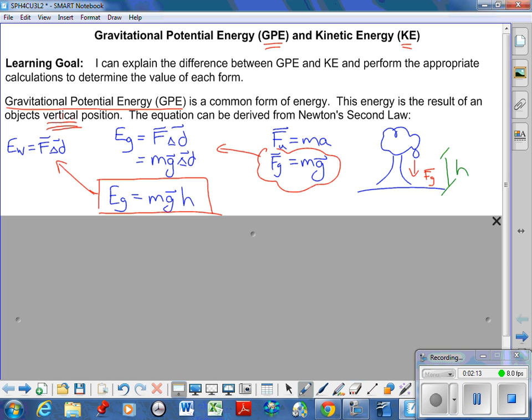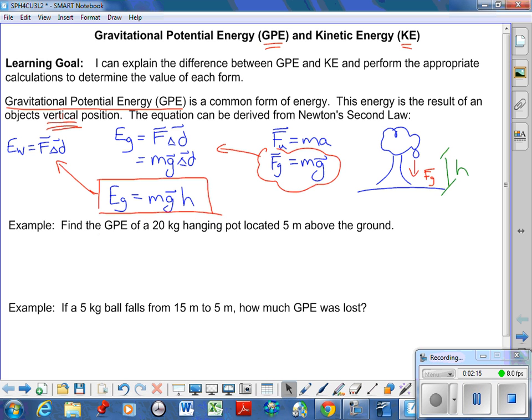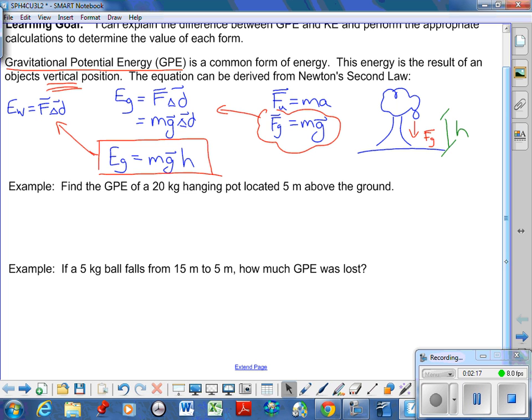All right. So let's quickly try it out. So find the gravitational potential energy of a 20 kilogram hanging pot located 5 meters above the ground. So if you're walking uptown and you see pots hanging off the street lights, how much energy do they have? Well, Eg equals mgh.